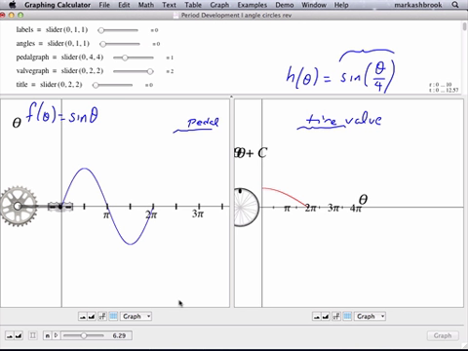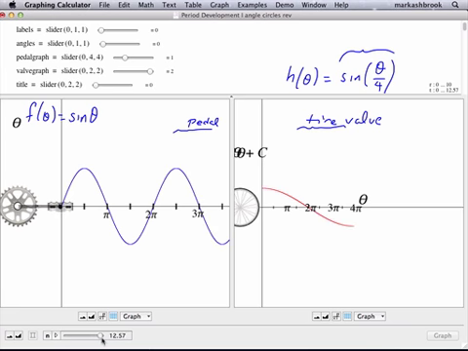So in one full rotation of theta, how much of a rotation do we get of the tire valve? 1/4 as much. Therefore, the period for the tire valve is going to be 4 times as much, or 8 pi. I can only show half of that.